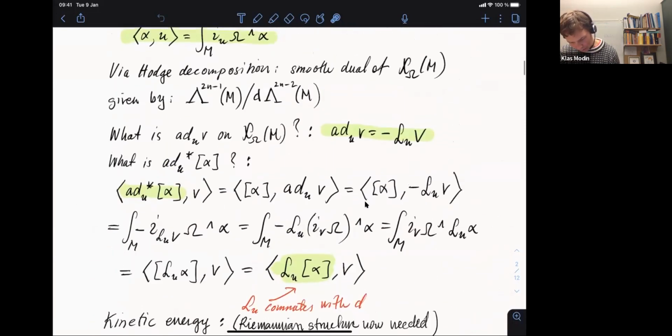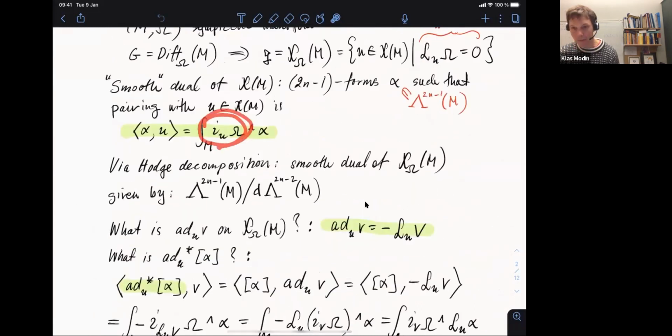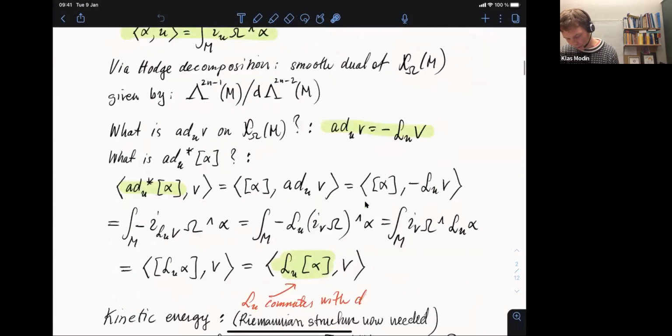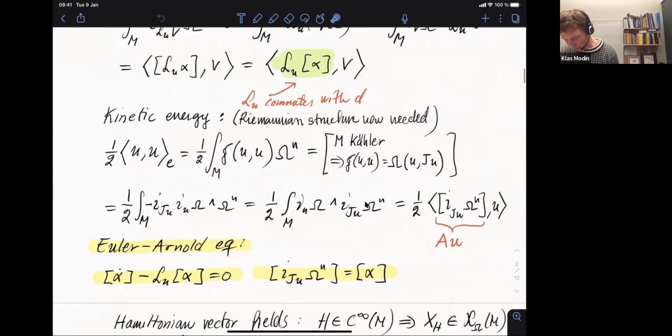So in fact I have now isolated my U, and from that I just read off what the inertia operator is. So A on U is in fact exactly this thing. Remember, it's a coset, so it's defined up to something exact. It's a 2n minus 1 form defined up to something exact.